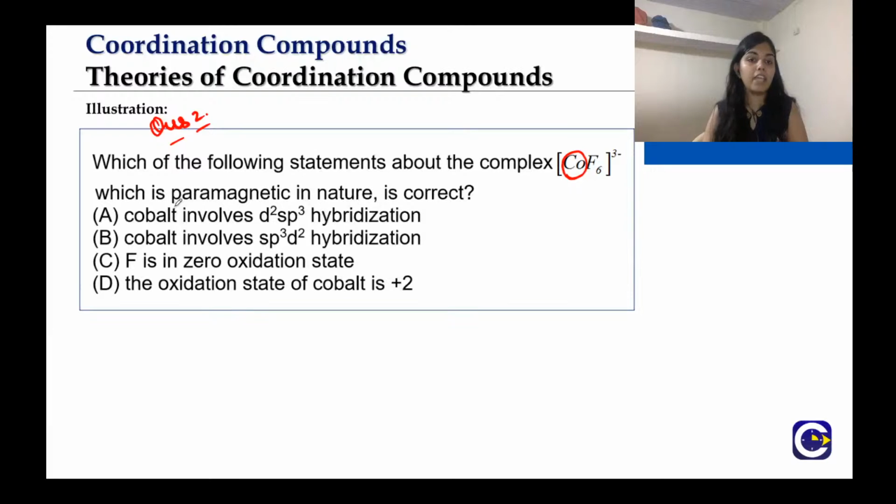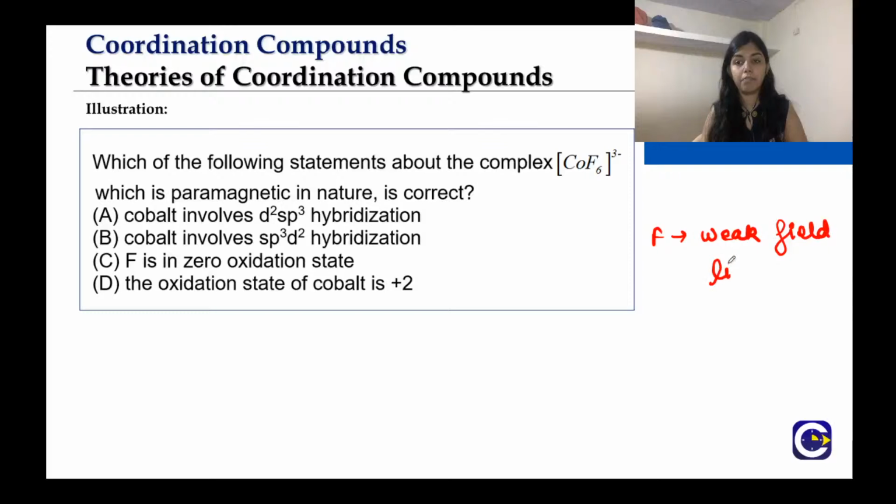It is already saying that it is paramagnetic in nature. So you have to tell which statements amongst A, B, C and D are true about this particular complex. Fluorine is a weak field ligand. This is prior knowledge that you should have for this question. Fluorine is a weak field ligand.